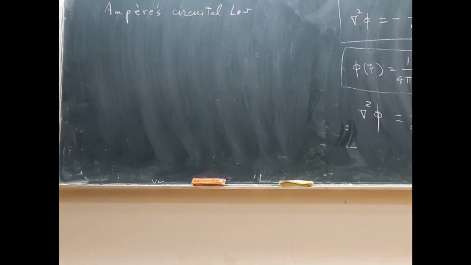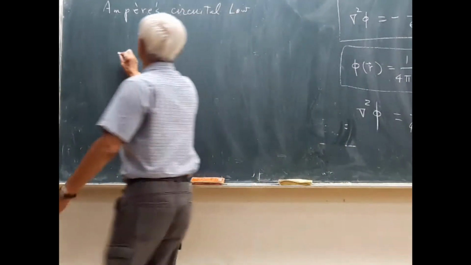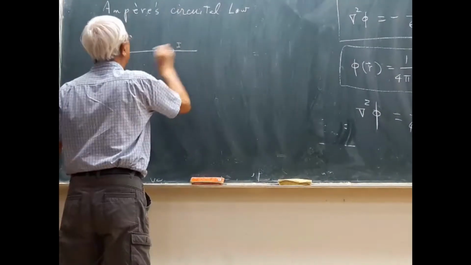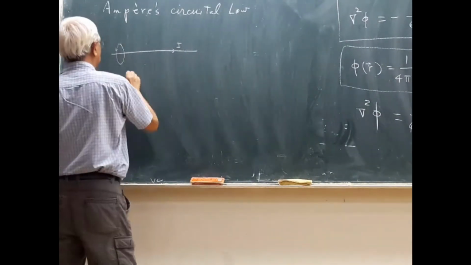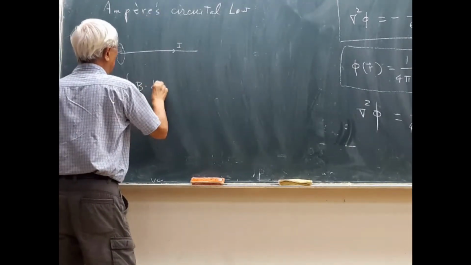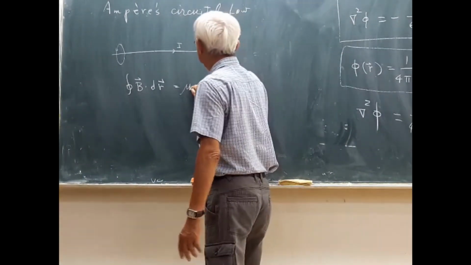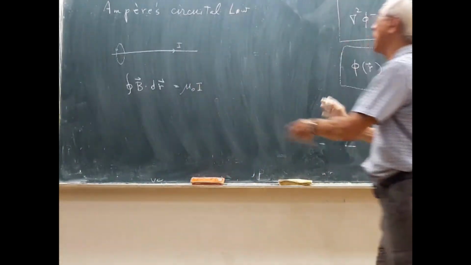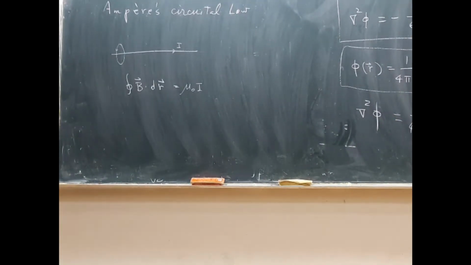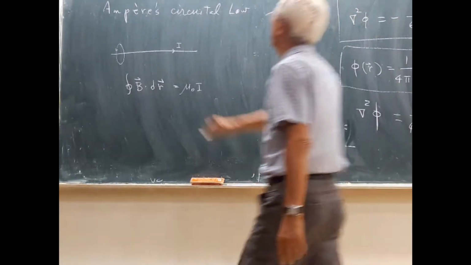Ampere's second law is: suppose you have a current I there, and then you go around a loop. The integral of B dot dr equals mu 0 I, the total current going through inside the loop.